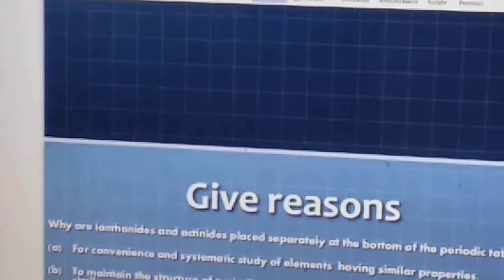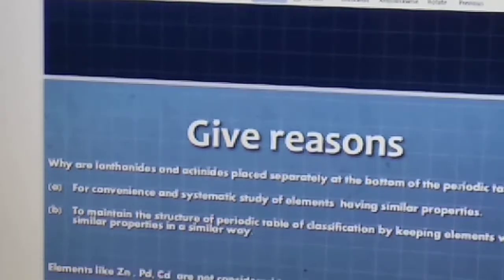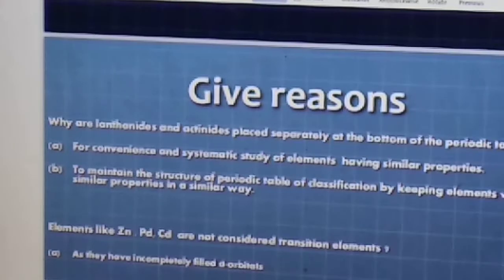Now give reason why lanthanoids and actinoids are placed separately. Elements like zinc, palladium, cadmium are not considered transition elements because they have the d10 configuration, that is completely filled d orbitals.